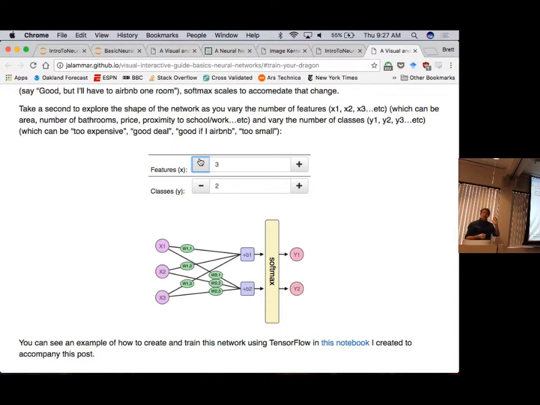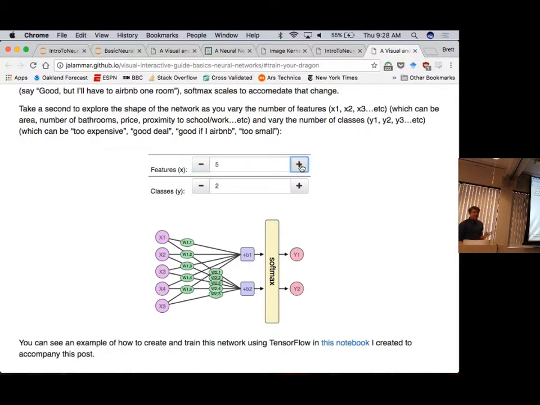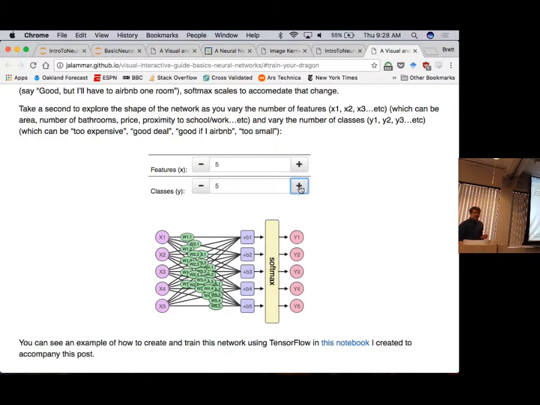You have to be able to reason, maybe not do the exact calculation, but reason in rough back of the envelope terms about how many parameters you're adding to your model as you increase the number of features or classes or the size of these intermediate layers. So that's the only takeaway from this that I think is important.